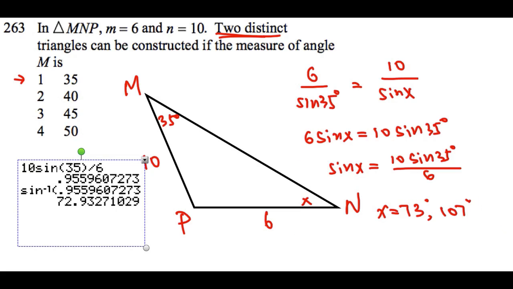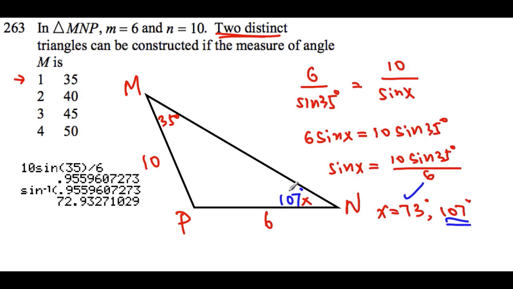Case number 1 will be, what if the one angle is 35 and the other angle is 73? Wait a minute, does that give us room for the third angle? Yes, it does, because the sum of these two is only 108, so it gives us room for the third angle, so that's okay. How about what if it has to be 107? If it has to be 107 degrees, adding with 35, it becomes 142.